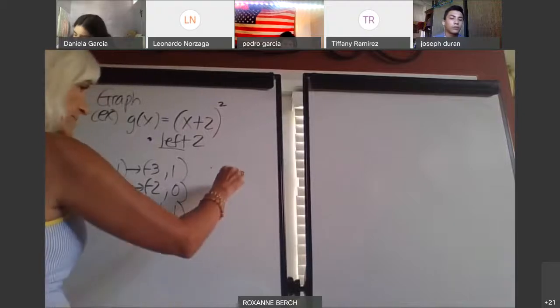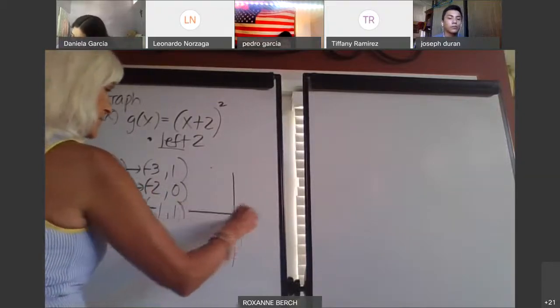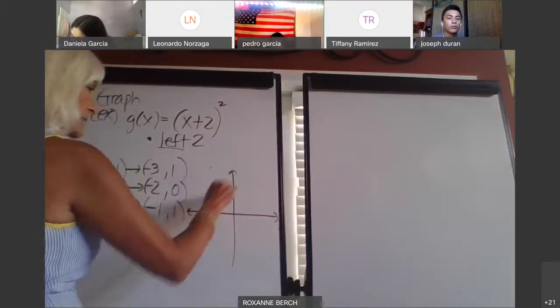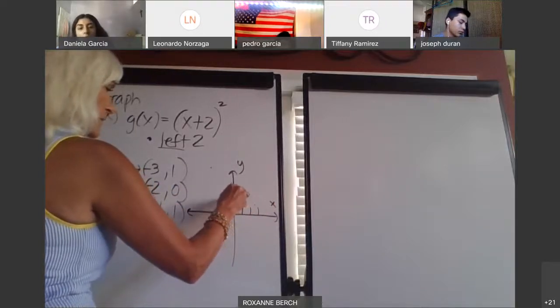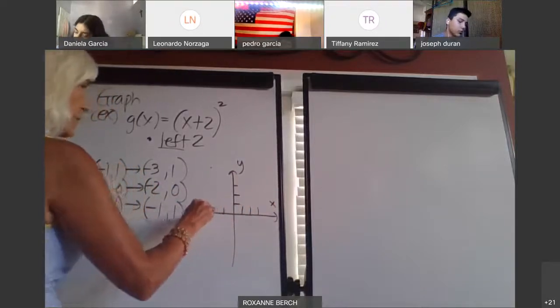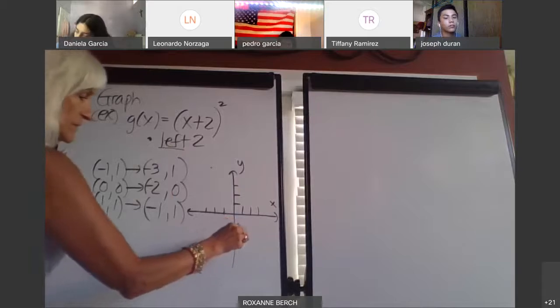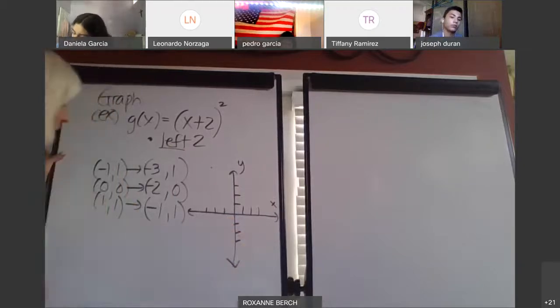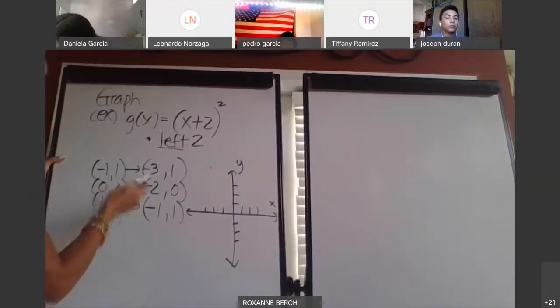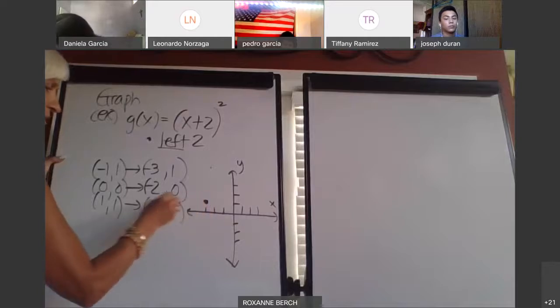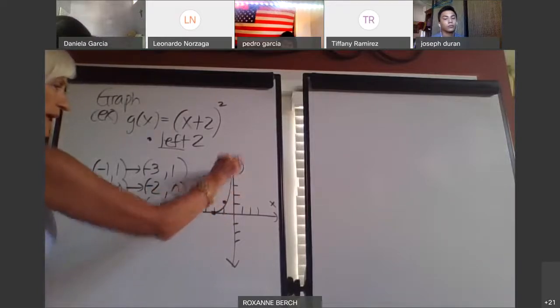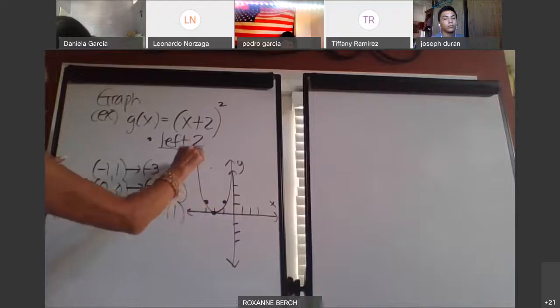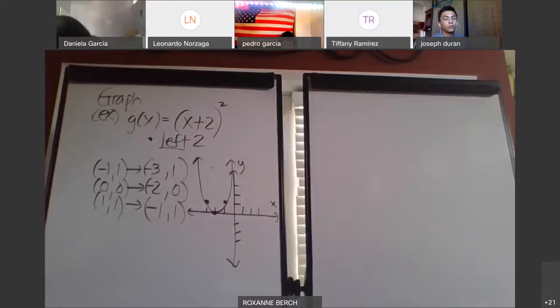So when we graph it, we're expecting the parent to have translated left 2. So this would be left 3 up 1. This would be left 2, 0, and left 1 up 1. And sure enough, that looks like the parent that was translated left.